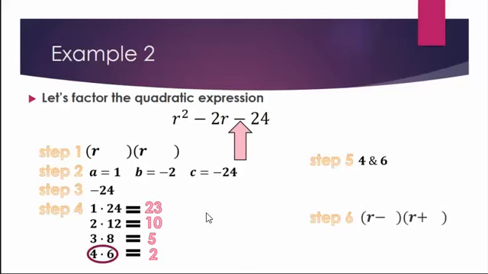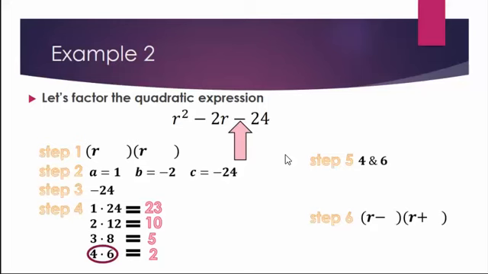So notice how I put a minus and a plus. I don't need to look at this middle sign because this last sign always tells me it's going to be a minus and a plus because this is a minus. Don't worry, we've created a spreadsheet, a cheat sheet for you all in the back so that you know what signs to use. Okay, now we fill in the numbers.